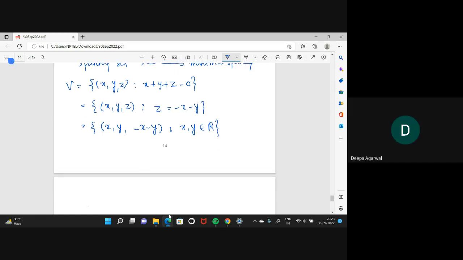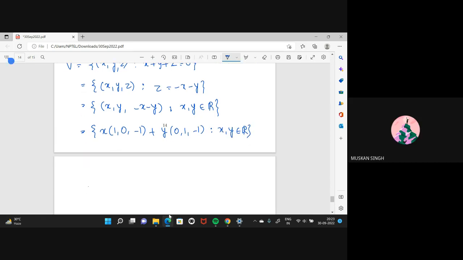So from this, how do we get a spanning set? Can I write this vector as x times (1, 0, -1) plus y times (0, 1, -1)? I'm just taking x out, and wherever x is there, I'm putting 1. Wherever x is not there, I'm putting 0.